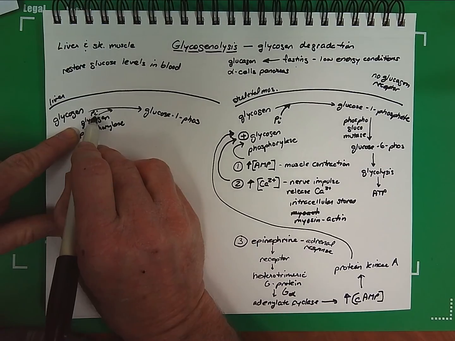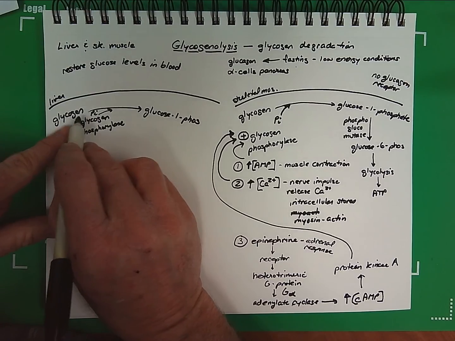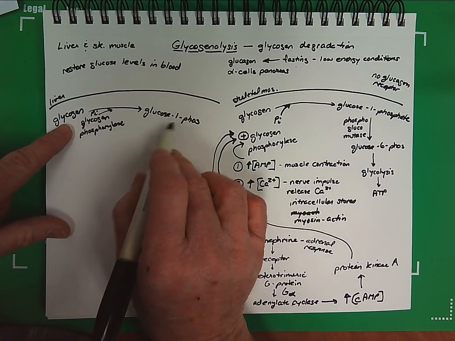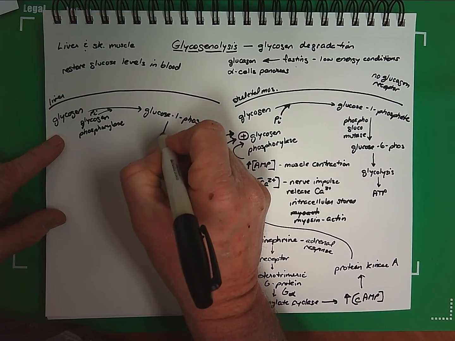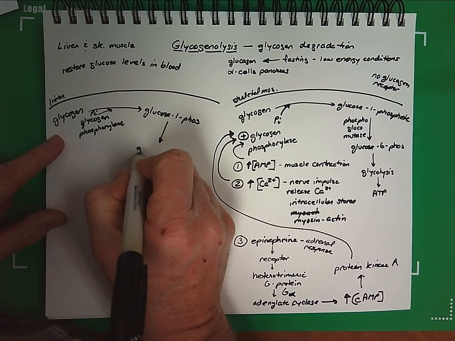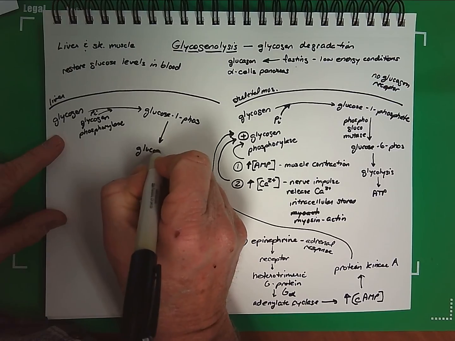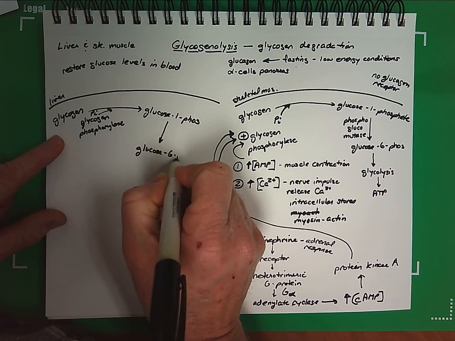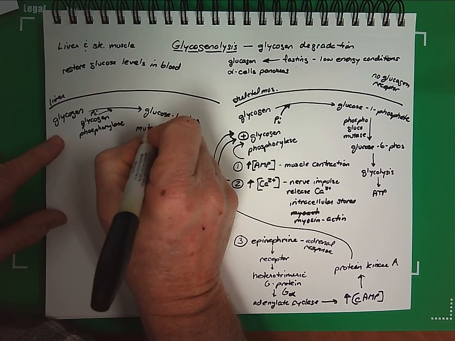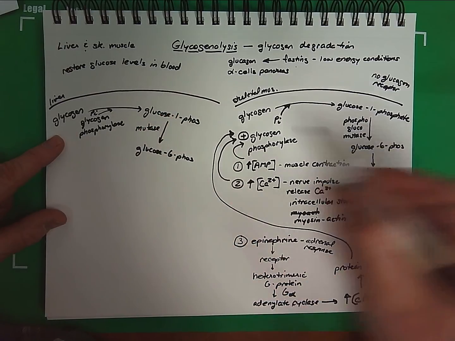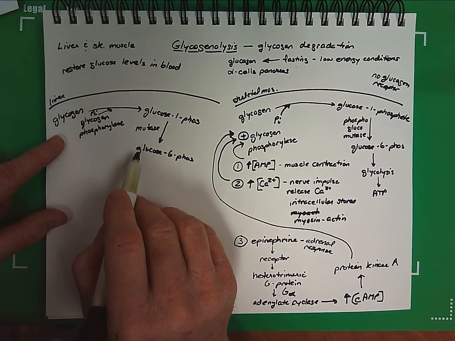So this is a phosphorolysis reaction to release the glucose as glucose 1-phosphate. Now, same response as in muscle. Our mutase enzyme will convert this back into glucose 6-phosphate. So this is our phosphoglucomutase, same enzyme.